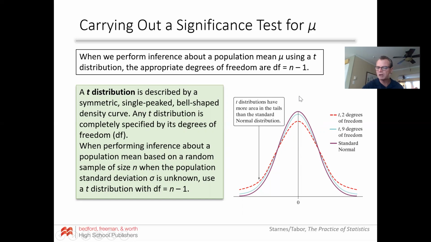The more degrees of freedom, the less you push down on it. So if you had 1,000 degrees of freedom, because you had a really large sample size, then it's going to map onto the purple standard normal curve. But the t distribution accounts for lesser degrees of freedom, and this picture is showing you that the smaller the degrees of freedom, in effect the smaller the sample size, the more you push down on the curve, which pushes the tail out. T distributions have more area in the tail.